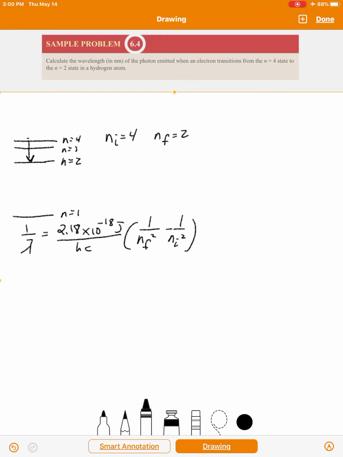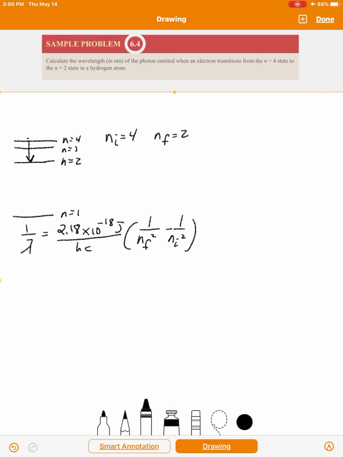If you take 2.18 times 10 to the minus 18 joules and divide that by hc, h is Planck's constant, which is 6.626 times 10 to the minus 34 joule seconds, and then you take c, which is the speed of light, 2.9979 times 10 to the 8th meters per second, and you do the division, you do this constant 2.18 times 10 to the minus 18 joules over hc, what you get is the Rydberg constant.